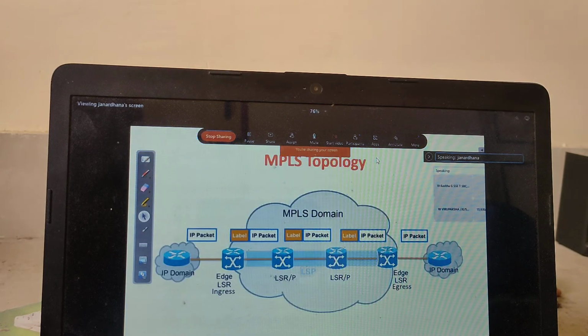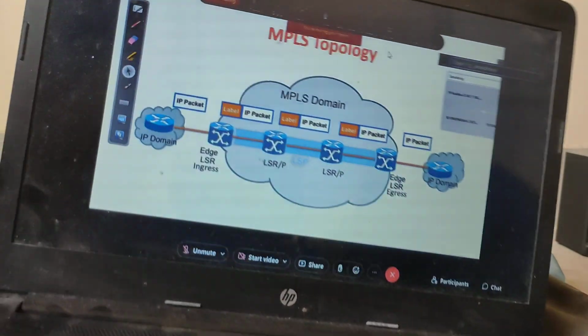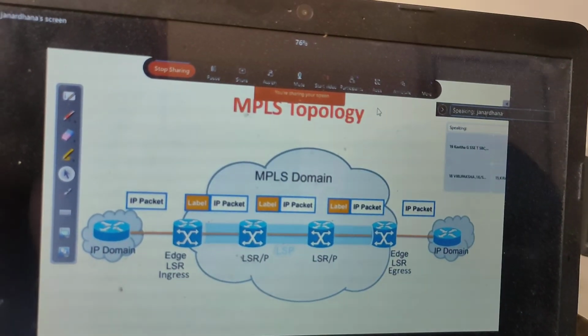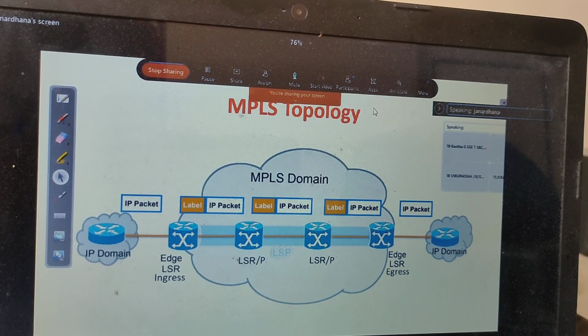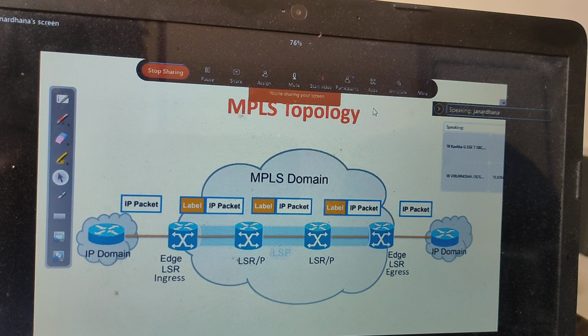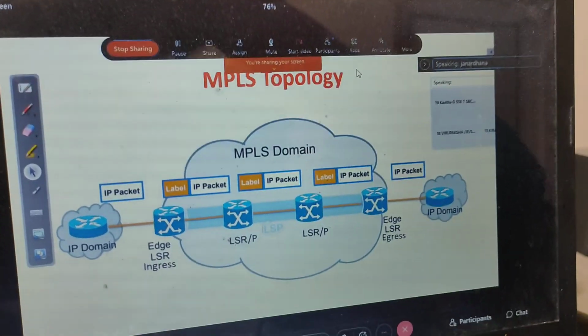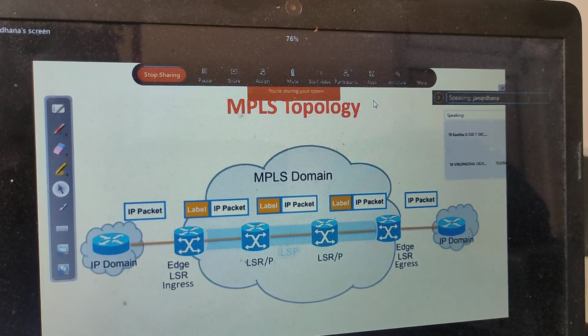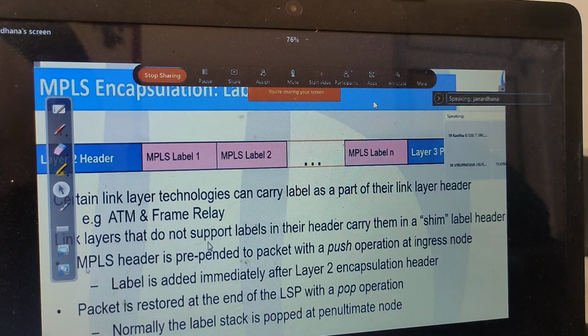I already told you, if there are two paths, a work path and a protection path, the label should be kept ready even in a router not on the same path. So whenever the two paths fail, the labels are already available and are exchanged immediately, and the path will be diverted automatically to the third path. These will be configured in the LDP.